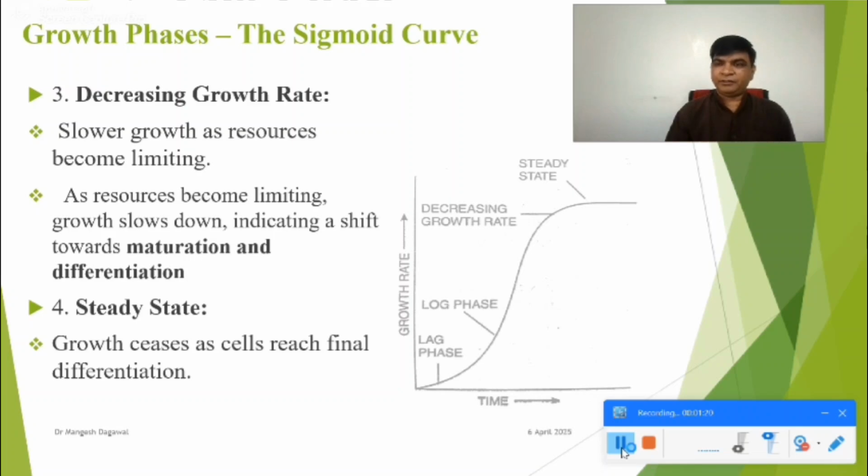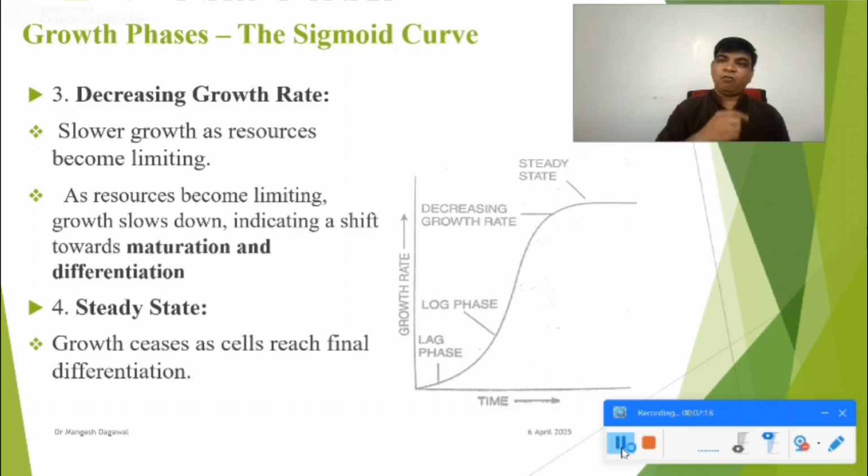The growth ceases as the cell reaches final differentiation. जैसे ही उसका पूरा डिफरेंशिएशन होगा, तो वहाँ से उसकी ग्रोथ स्टॉप हो जाएगी, उसके कारण से उसको स्टेडी स्टेट कहा गया है। मतलब right from the beginning up to the final step, ये जो पूरा स्पैन है जिसमें time के साथ growth हुआ है, और उसका एक रेट है जिसको हम growth rate बोलते हैं, growth rate as per the time. As the growth begins right from the lag phase, this becomes stable at the last step that is called the steady state.